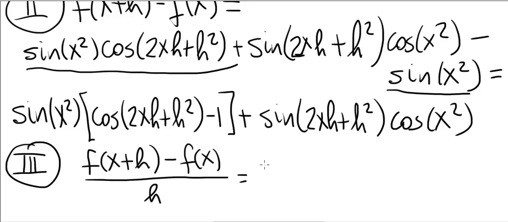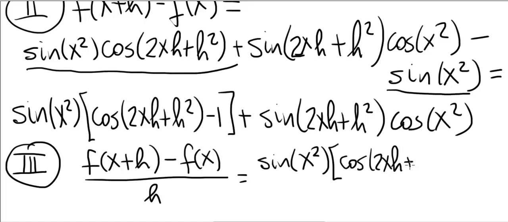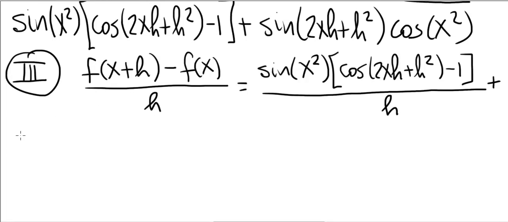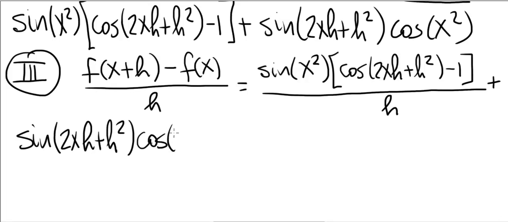So this will become sine of x squared times cosine of 2xh plus h squared minus 1, divided by h, plus the second part of f of x plus h minus f of x, which is sine of 2xh plus h squared times cosine of x squared, also divided by h.